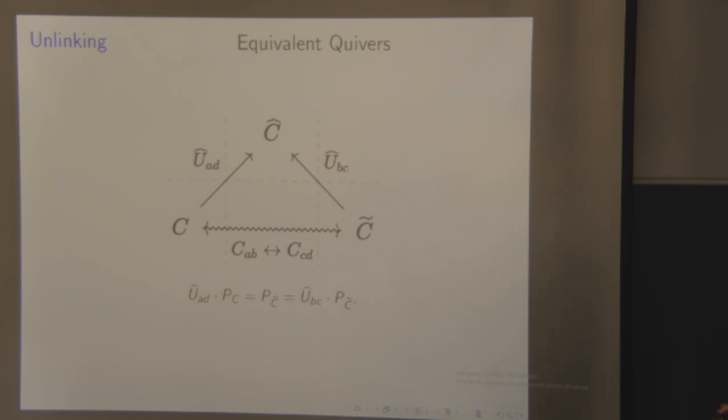So this symmetry we were finding, that you can associate many quivers to the same knot, is in this view a degeneracy of this operation. This is the diagrammatic expression, but below is a simple rule: if you apply unlinking on these nodes of this quiver, it's the same as if you apply unlinking on these other nodes of this equivalent quiver.